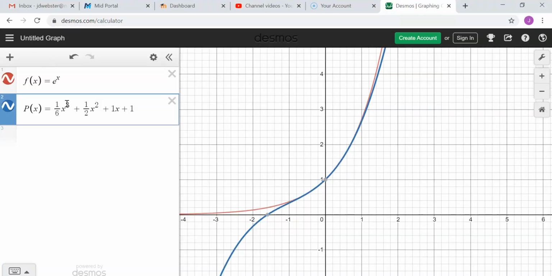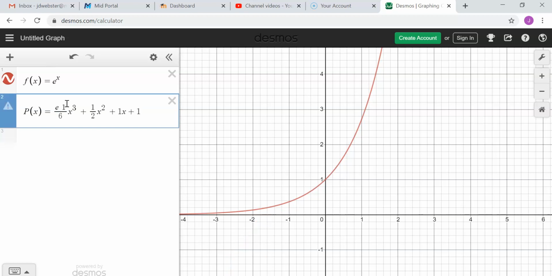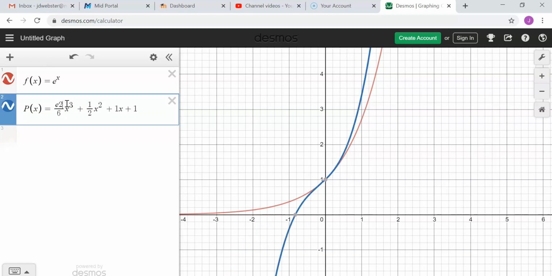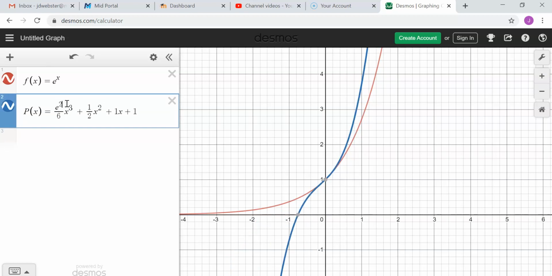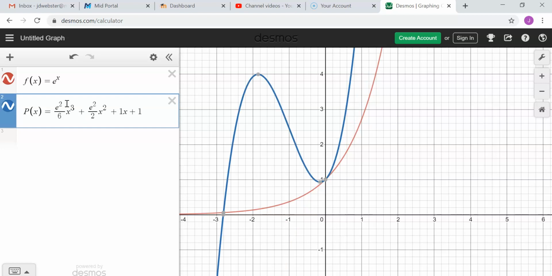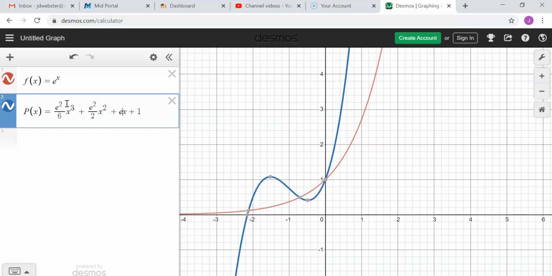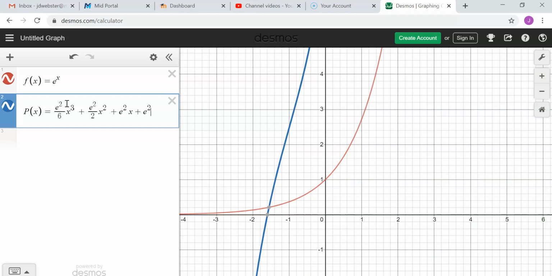So what do we got here? Hopefully they did not graph that very well.